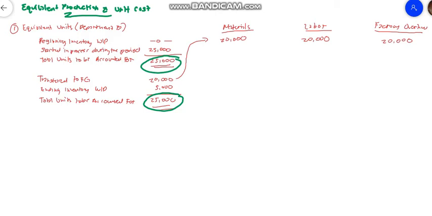Now we'll talk about this one. Okay, this one here. Okay, how are we going to place it here? So for the materials, it was said that as to materials, this was already complete, so we'll just add the 5,000 right there. As to labor, this is already 80% complete.